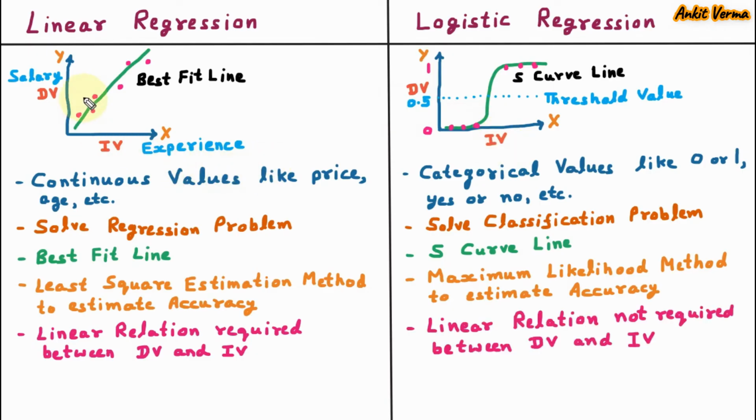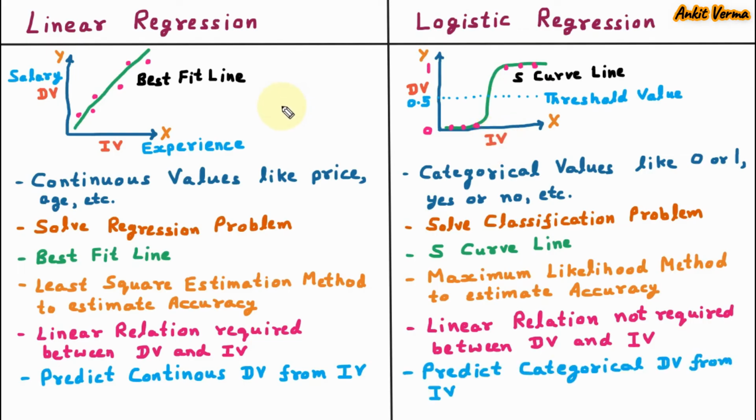Here we can see that in linear regression a linear relation is there, and in logistic regression a linear relation is not required. Next, linear regression predicts a continuous dependent variable from the independent variable, and logistic regression predicts a categorical dependent variable from the independent variable. So here we have learned the difference between linear regression and logistic regression.